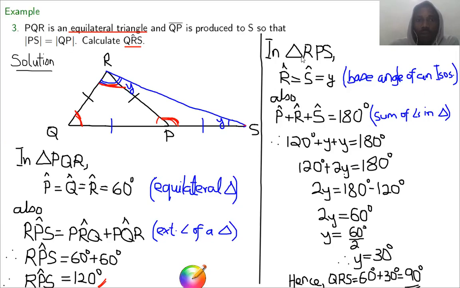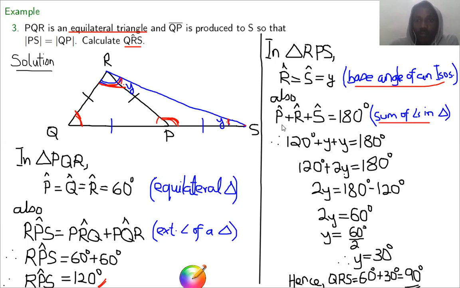Next, in triangle RPS, the angle at R is equal to the angle at S, and that is equal to y. So these are base angles of an isosceles triangle. Also, the sum of the interior angles of this triangle is equal to 180 degrees. Reason: sum of angles in a triangle.